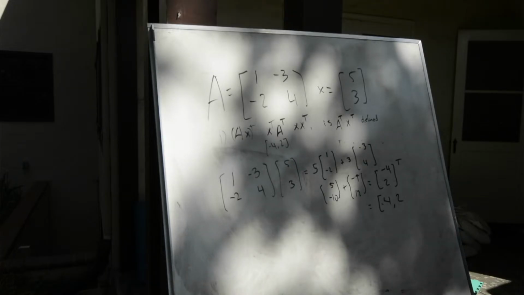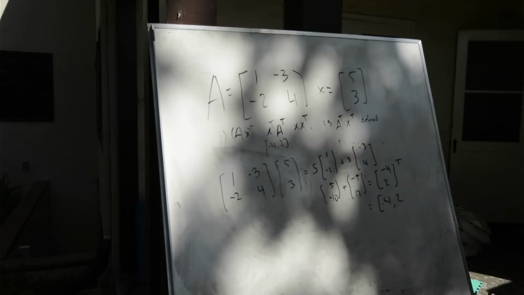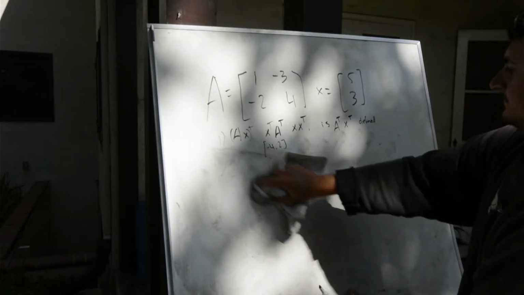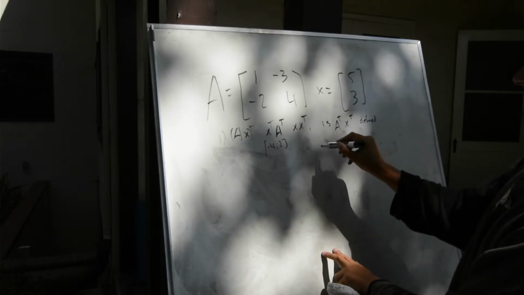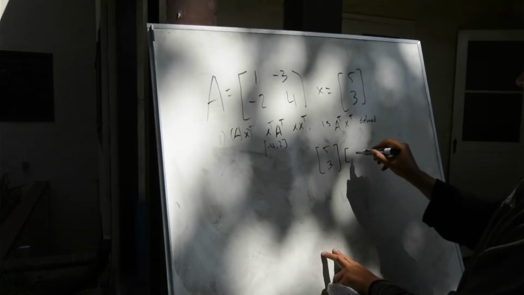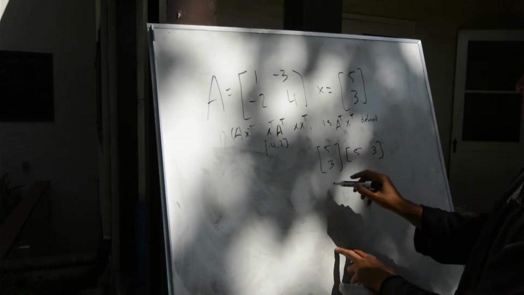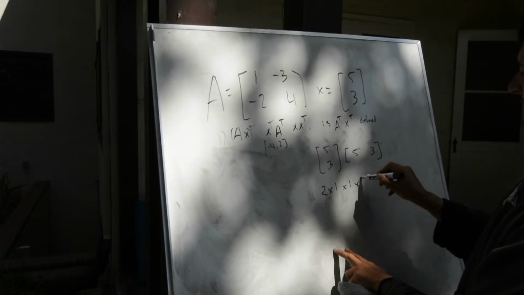Okay. So we verified those first two. Now we need to do X transpose. X transpose is going to be 5, 3, 5, 3. So this is a 2 by 1 times 1 by 2.